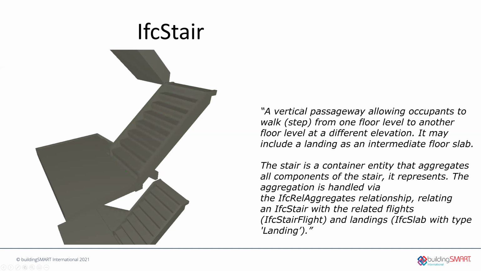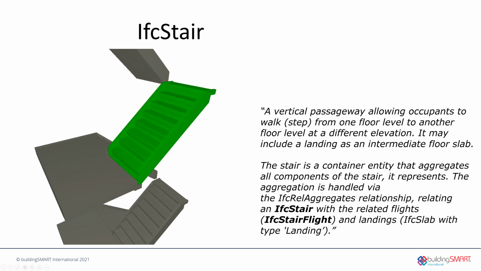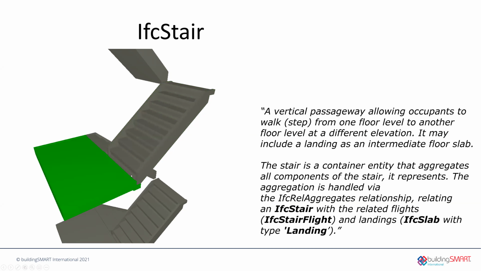And in ISO 6707, and therefore also in IFC, there's this whole definition of what an IFC stair is, including an IFC staircase, including an IFC stair flight, and a slab with a type landing.